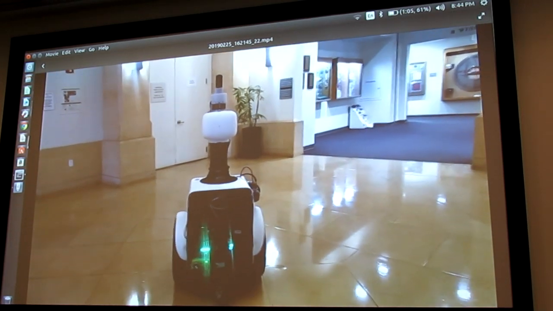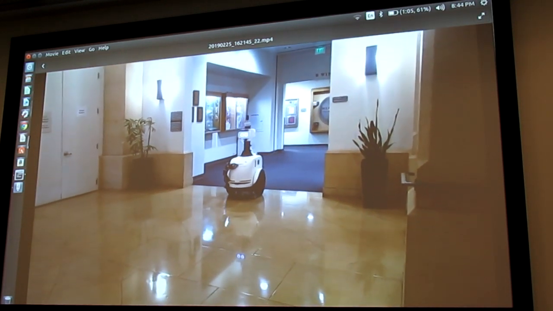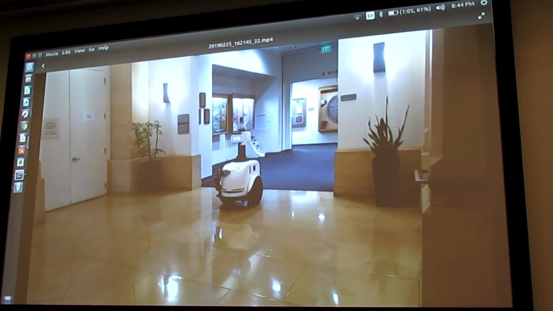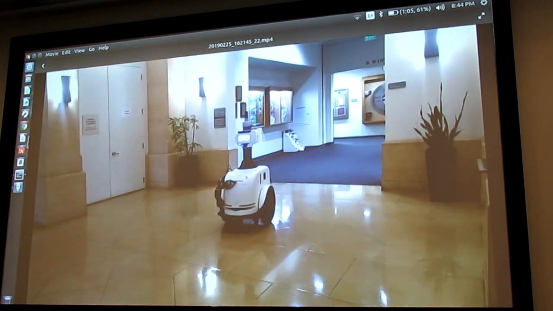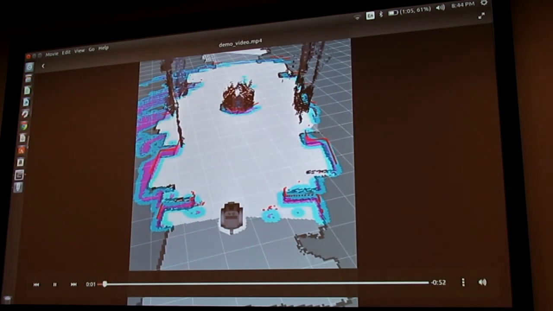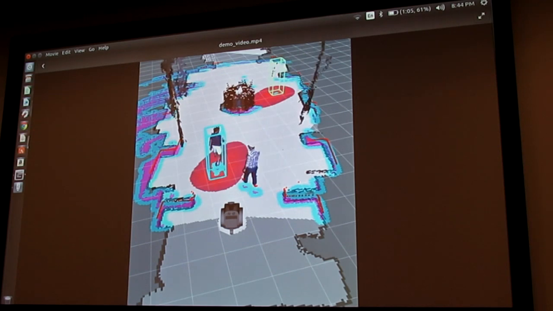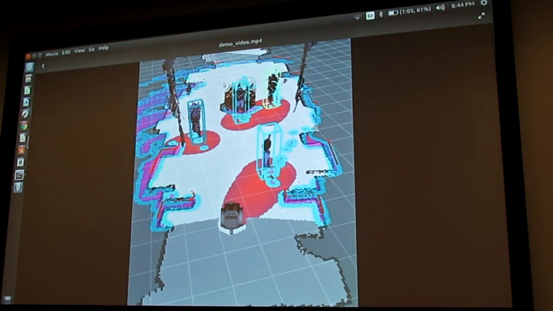So the four green lights on the bottom are the battery status lights. Okay, here's a Gazebo sort of view, Arvis view of what goes on. So it's drawing the boxes around people.